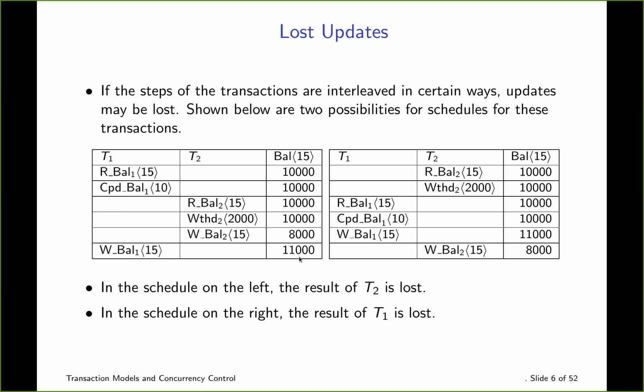Okay. So this would be good for the customer, bad for the bank. But the bank would have a right to say, well, that wasn't really intended. This is clearly a bug, right? An update was overwritten, clearly a bug. Now, there's another possibility here, where the update after the withdrawal clobbers the compounding update.